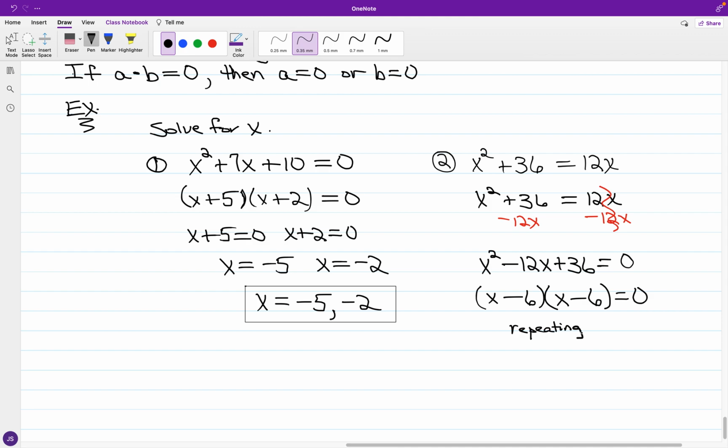So you got a repeating factor with x minus 6. That means there's going to be only one solution. So I just need to put down x minus 6 equal to 0 once. And from this, there's one solution for this equation, and that is going to be the number 6.